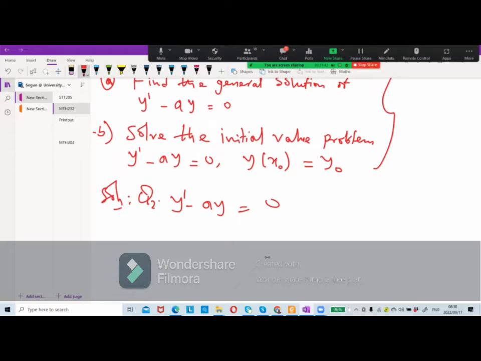Based on the general formula that we all know, in this case, we need to do a kind of separable variable. That is, let all the y be with y and all the x be with the x. This simply means dy/dx minus ay equals 0.